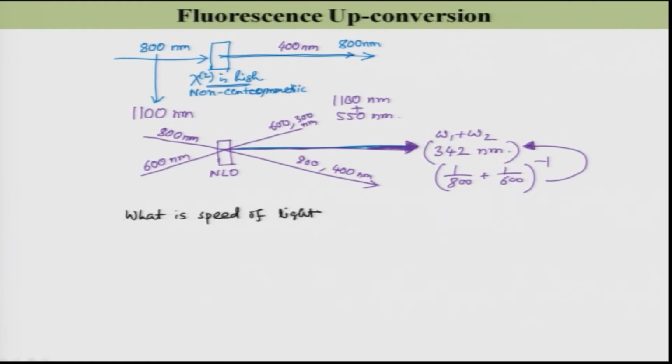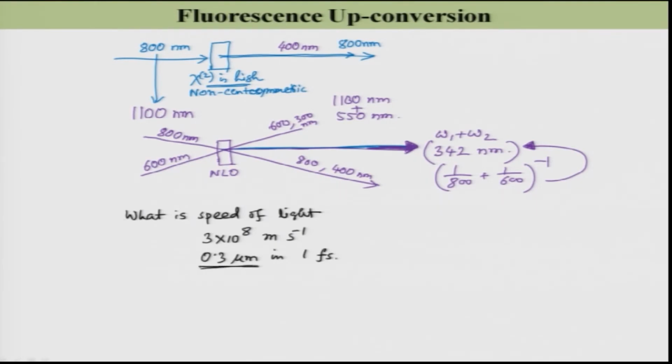We all know the speed of light is 3 into 10 to the power 8 meter per second. It means light travels a distance of 0.3 micrometer in 1 femtosecond. So, this is the distance travelled by this light.